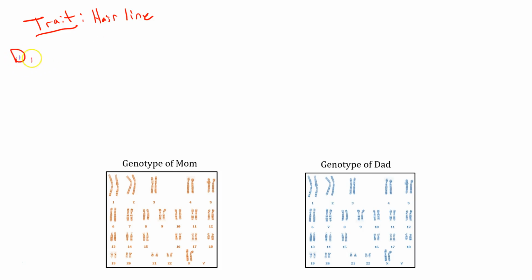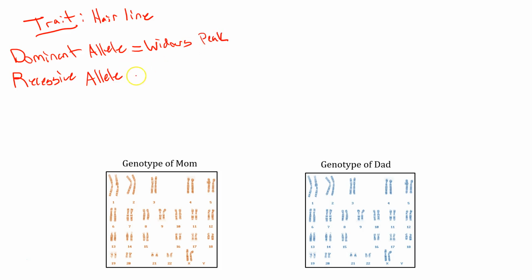And there's going to be a dominant allele and a recessive allele. And the dominant allele in this scenario is to have a widow's peak. And a recessive allele is to have a straight hairline.